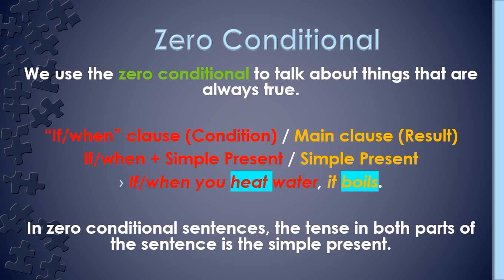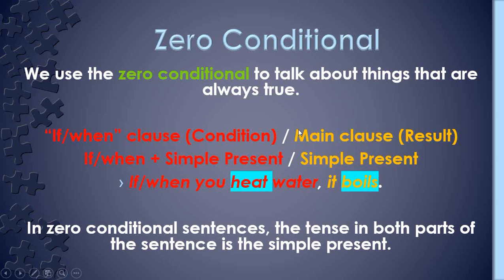Now let's begin with the zero conditional. We use the zero conditional to talk about things that are always true, things that are undeniable. Here we have the two parts of the zero conditional. The first part is the if or when clause, that is the condition.